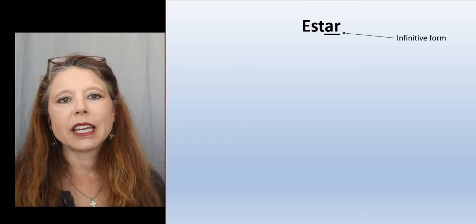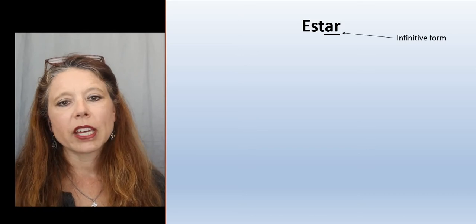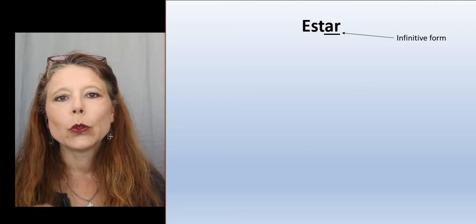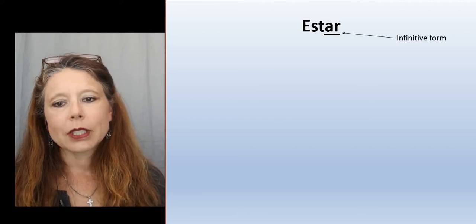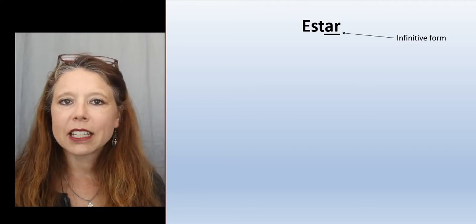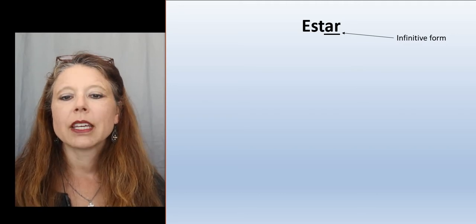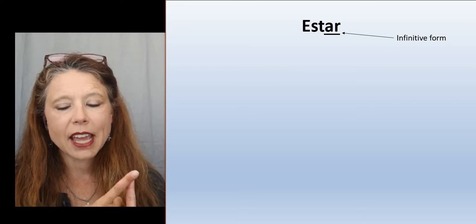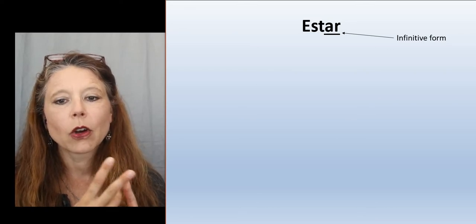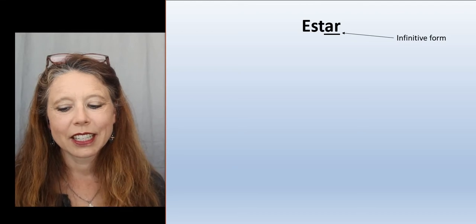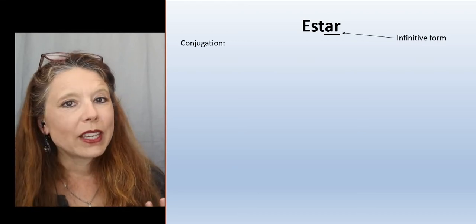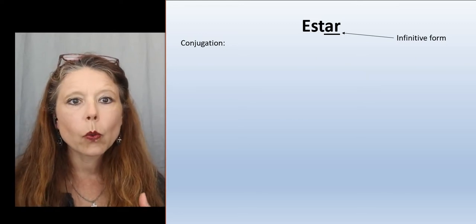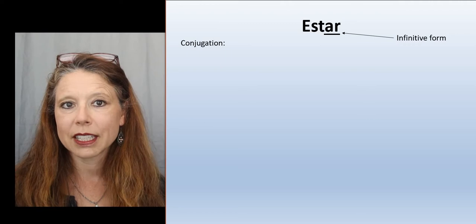And it really is very much like our infinitive: to be, to run, to sleep. Okay, that is the English infinitive form. In Spanish, the infinitive form of verbs end in AR, ER, or IR. So, when we say we conjugate them, that's when we change them to go with the subject of the sentence.